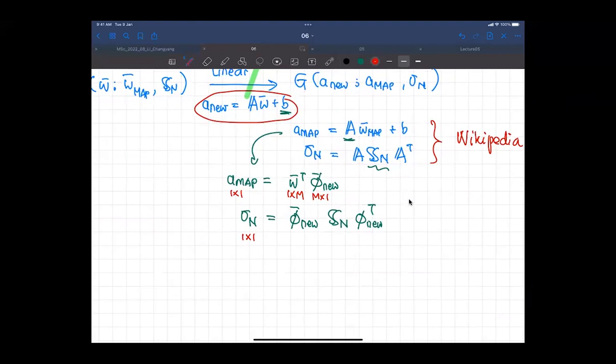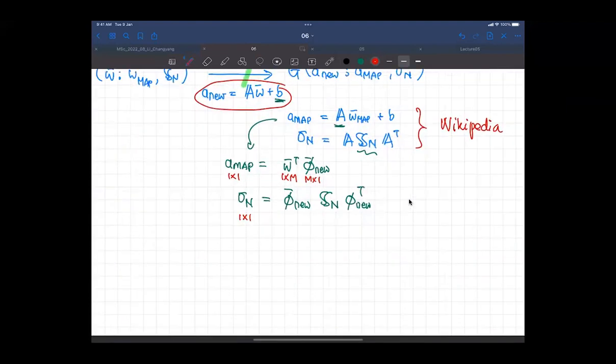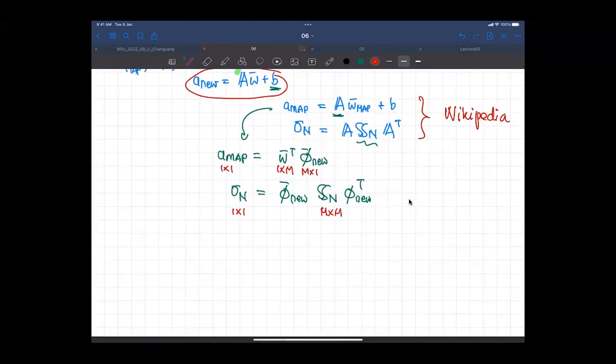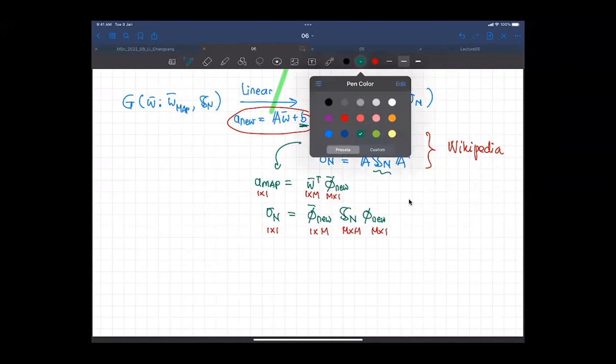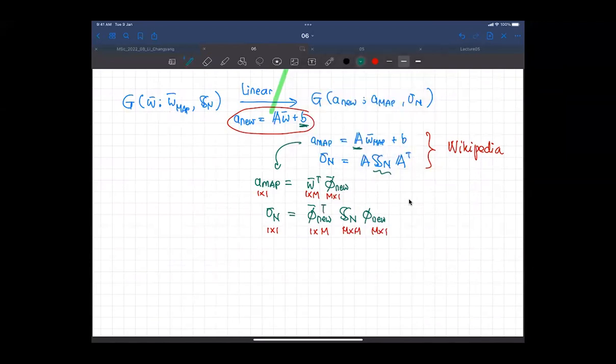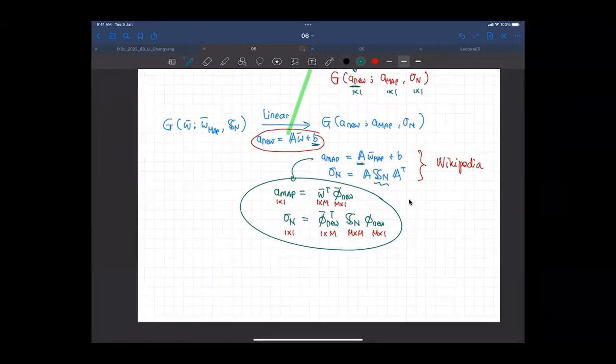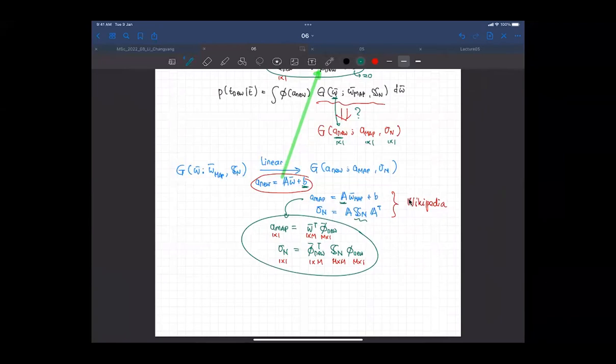And S_n is n by n, and this one has to be 1 by n, and this one is n by 1, correct? To make it 1 by 1, so this one has to be removed and moved to the first one.